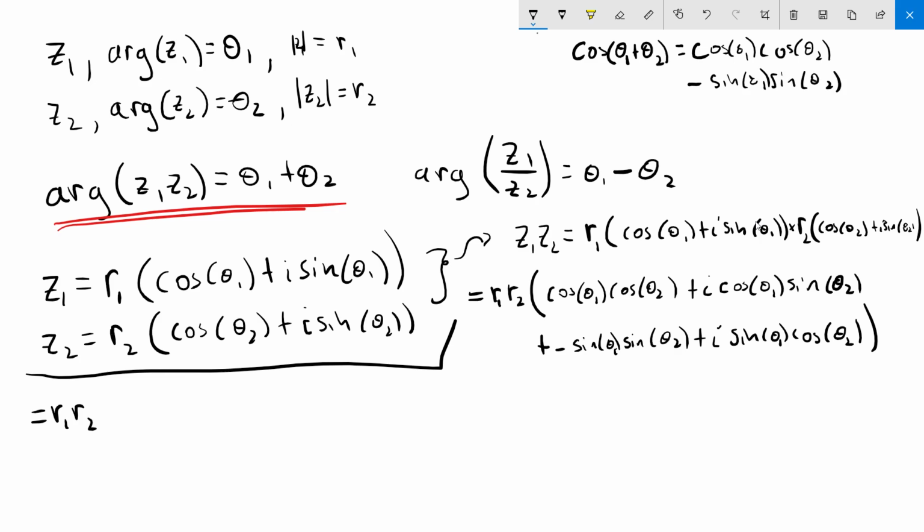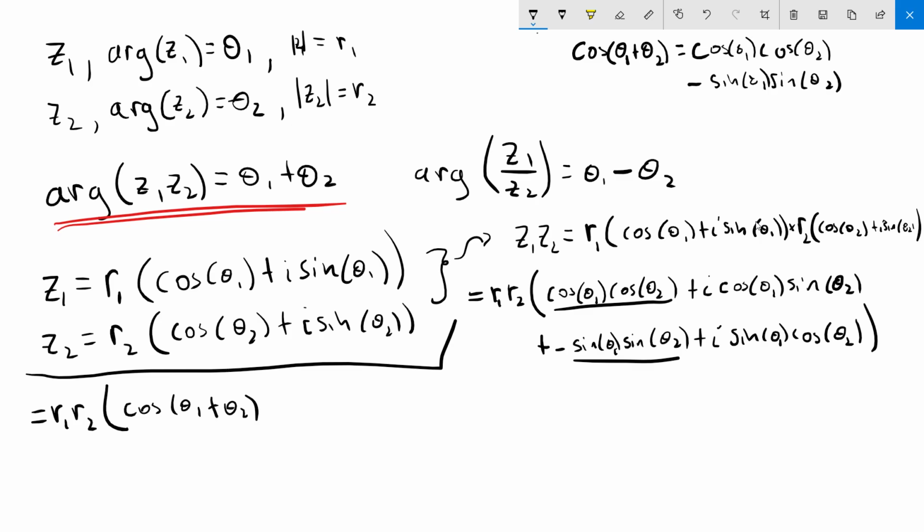Right, which means we could take these two terms and write them as just brackets cosine theta 1 plus theta 2.